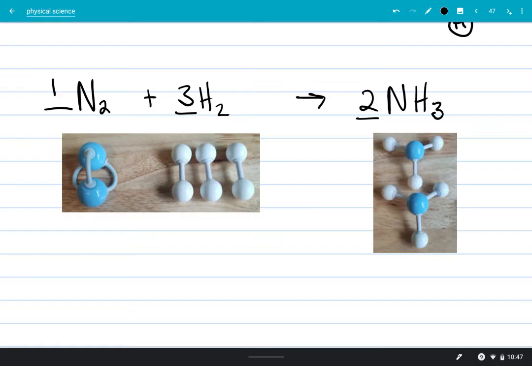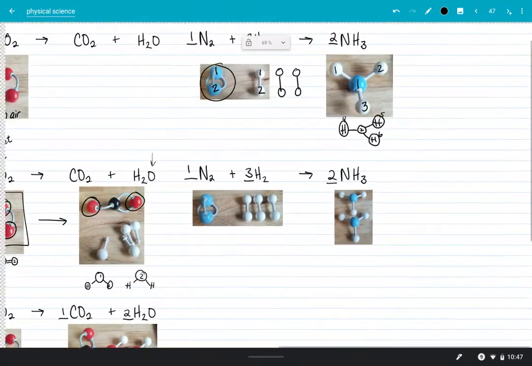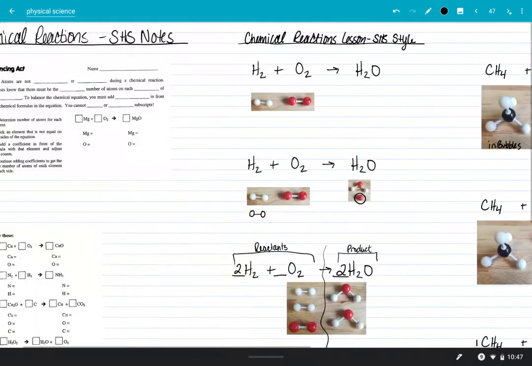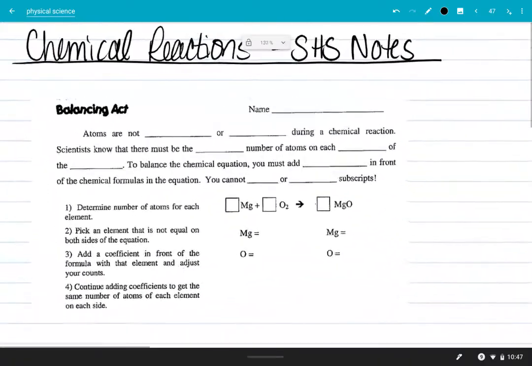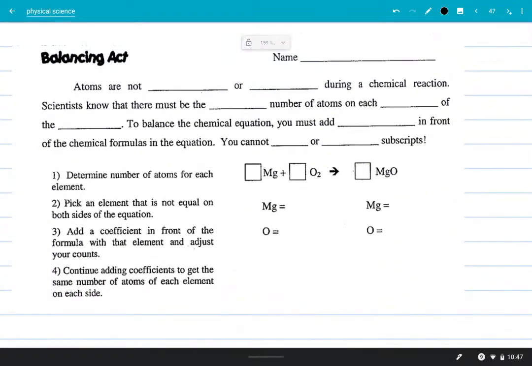Okay, this is a picture drawing method of balancing equations, and now we're going to switch to how to do this without the pictures. You're going to have to start counting things in your head and writing them down. So, atoms are neither created nor destroyed during a chemical reaction.